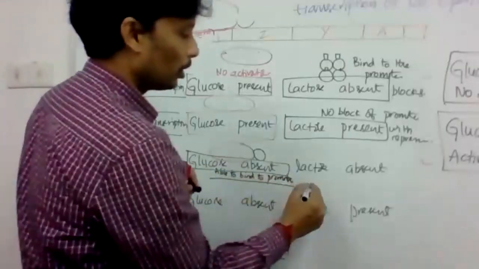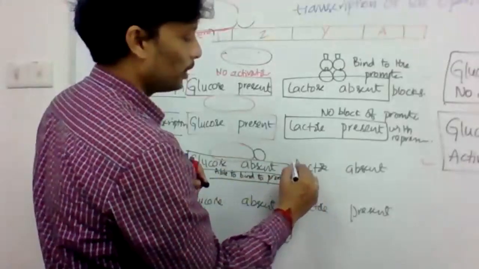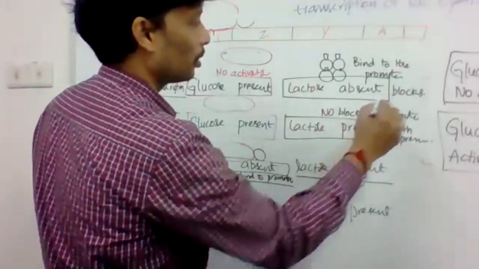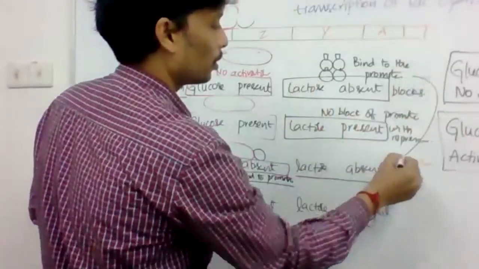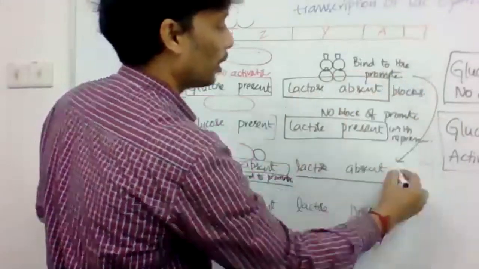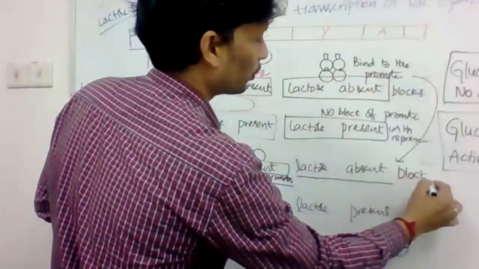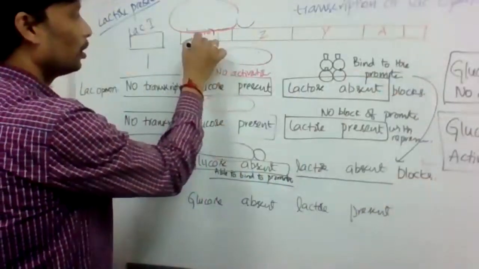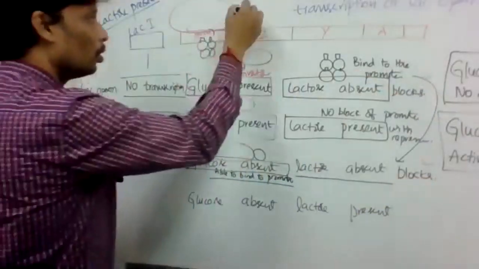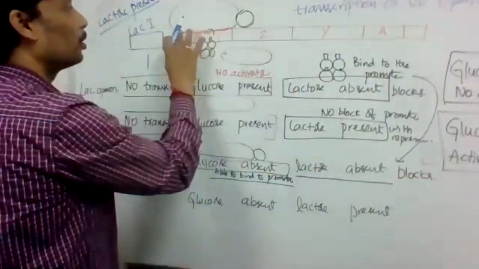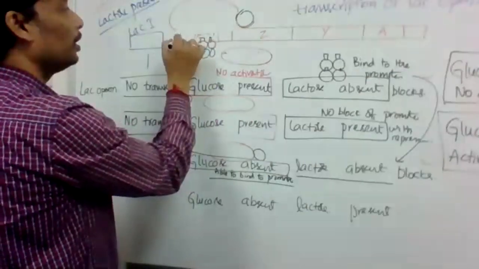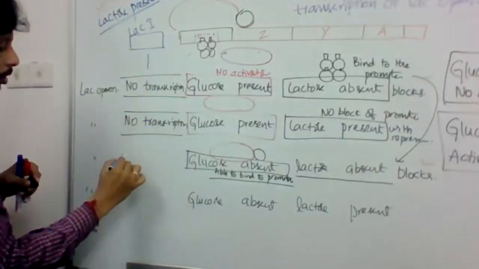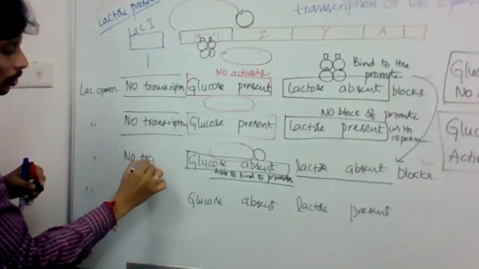But the problem is lactose is absent. When the lactose is absent, the same thing happens: the repressor binds to the promoter and blocks it. So though the activator molecule is there, it is not free to bind to the promoter. So it will result in the same, no transcription.